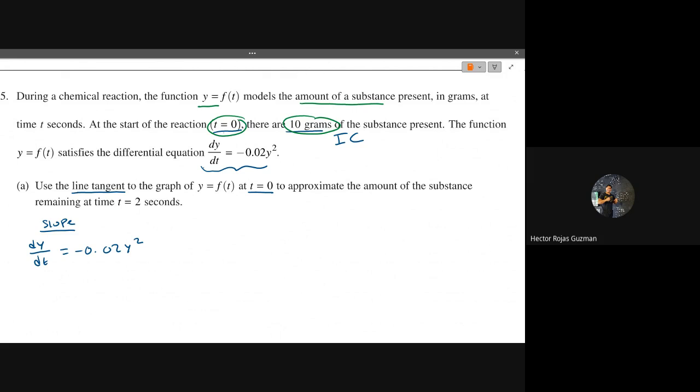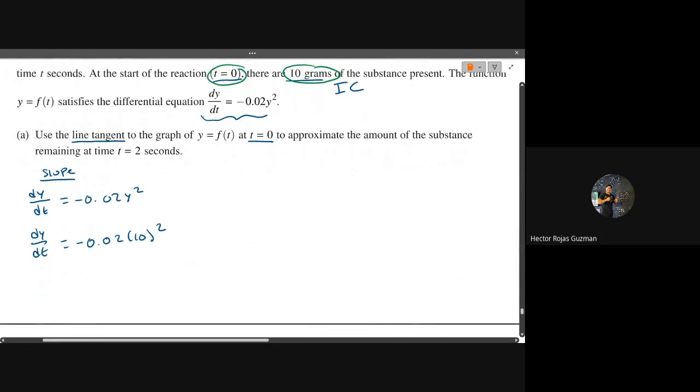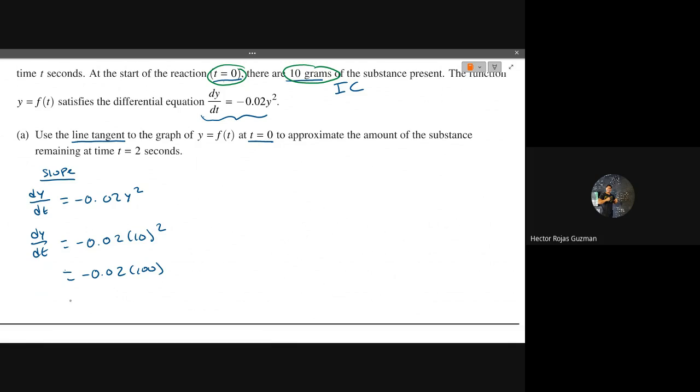That means y is 10. So dy/dt equals negative 0.02 times 10 squared, which is negative 0.02 times 100. Because I'm multiplying by 100, all I have to do is move the decimal point twice. So that's negative 2. That's my slope.